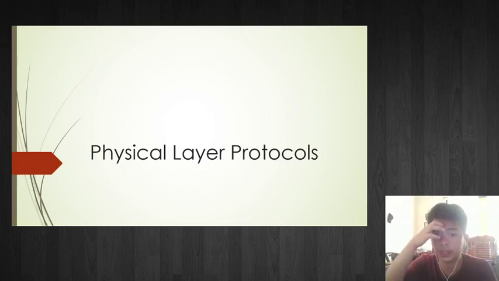So I give you guys an example. In many corporate offices, employees have desktop or laptop computers. They are physically connected via cable to a shared switch. This type of setup is a wired network. Data is transmitted through a physical cable.